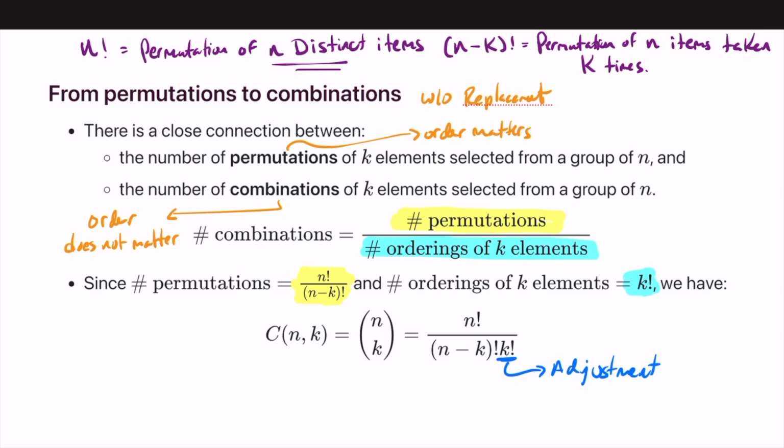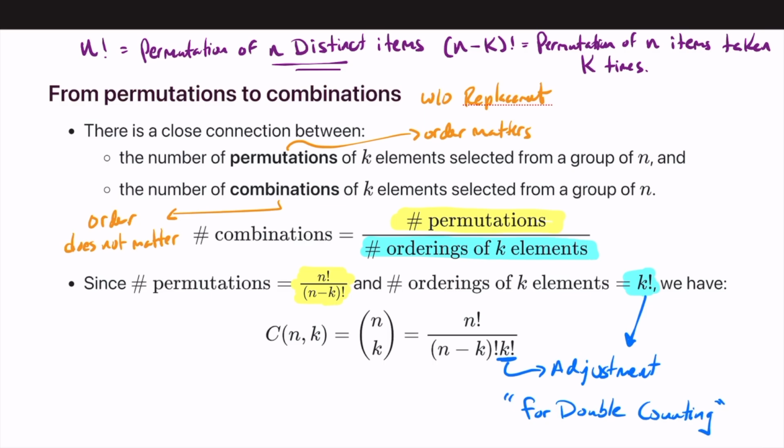So this is an adjustment, and this adjustment, its main purpose is to account for any double counting. And we'll see some examples of that in the rest of this lecture. But that's the main reason why it's there.